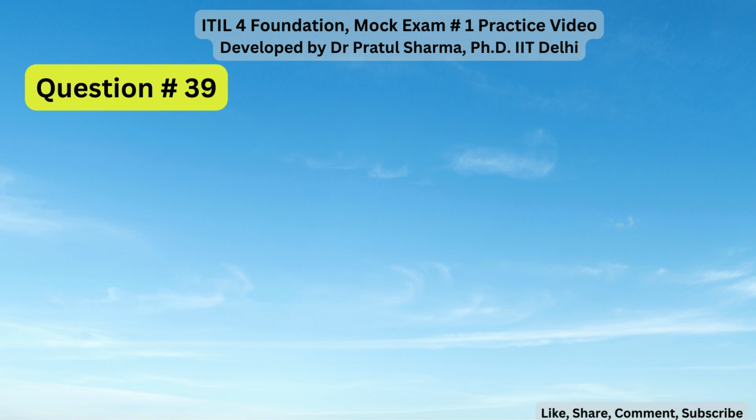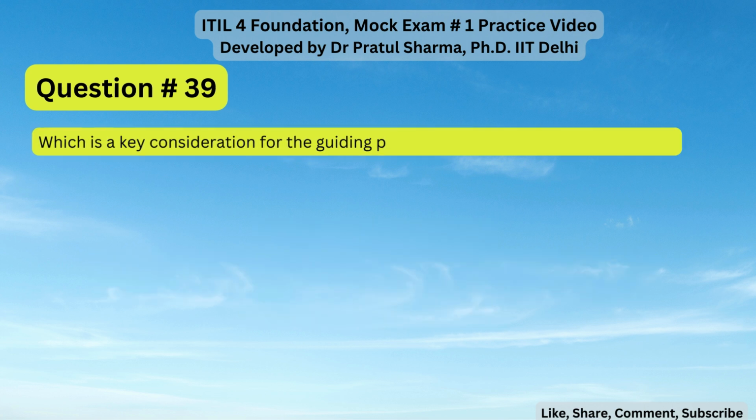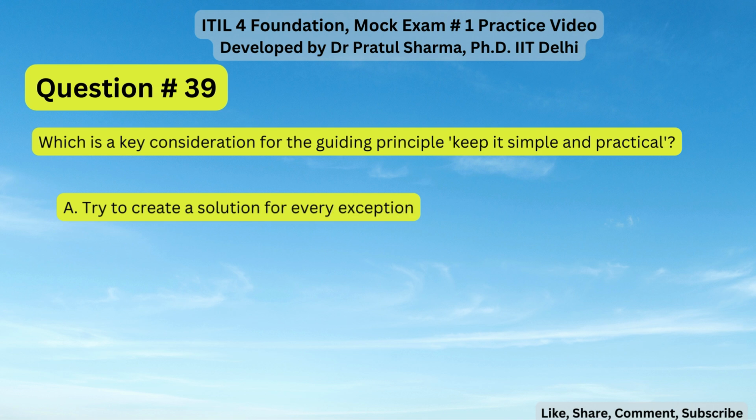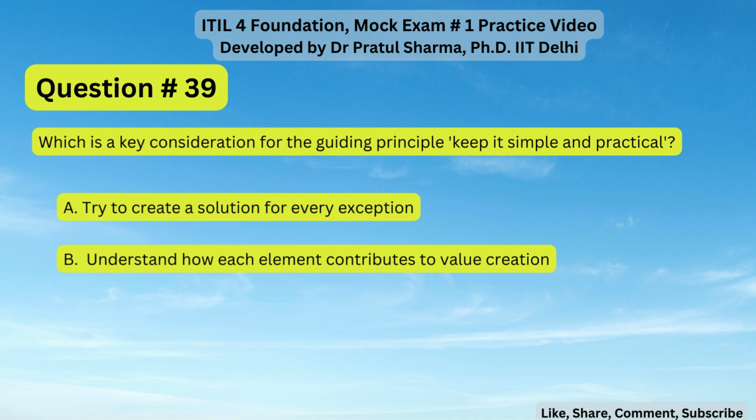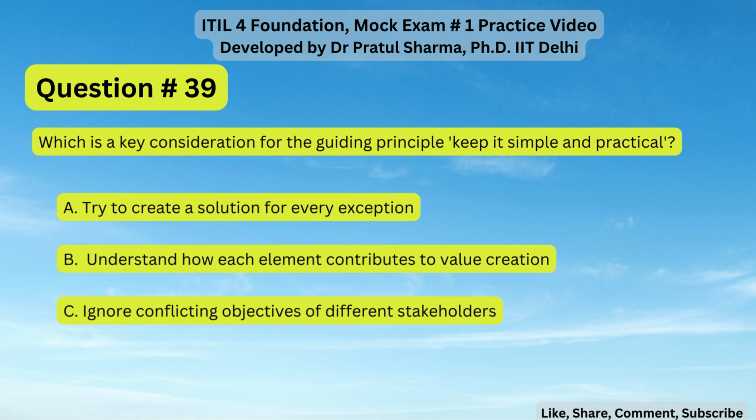Question number 39. Which is a key consideration for the guiding principle, keep it simple and practical? A. Try to create a solution for every exception. B. Understand how each element contributes to value creation. C. Ignore conflicting objectives of different stakeholders.